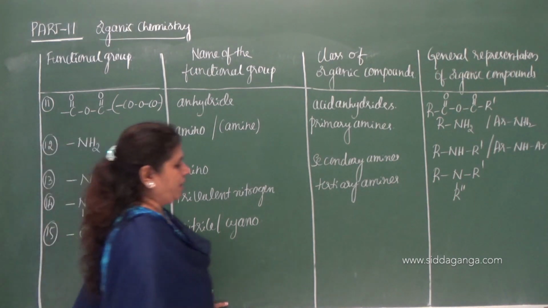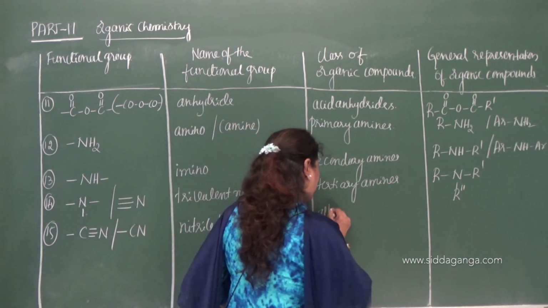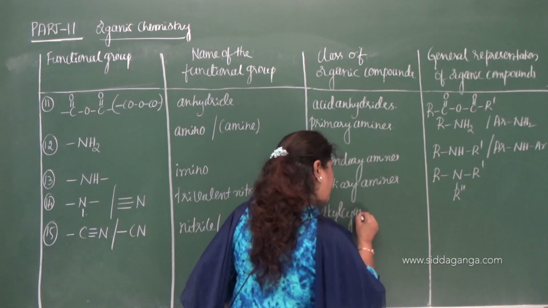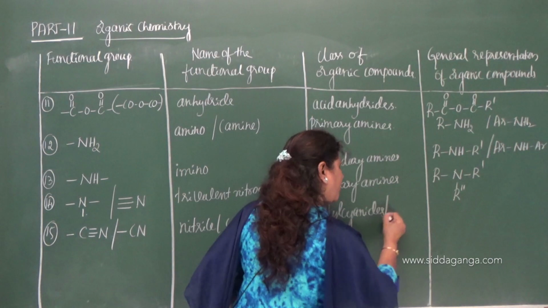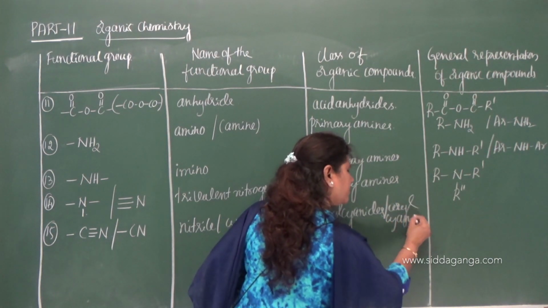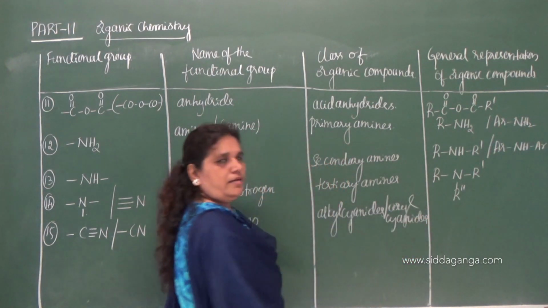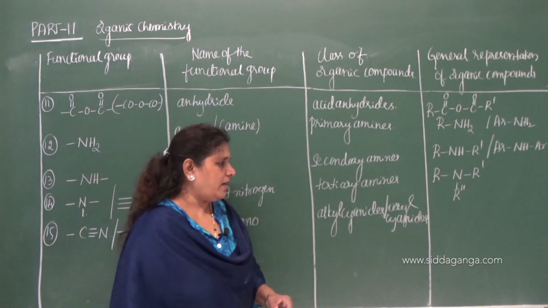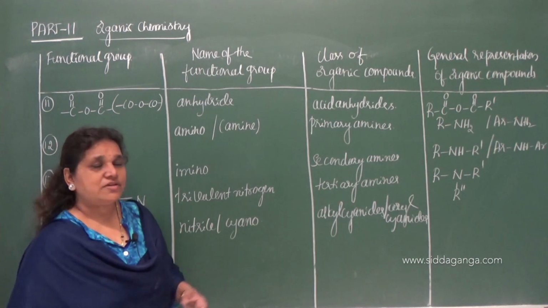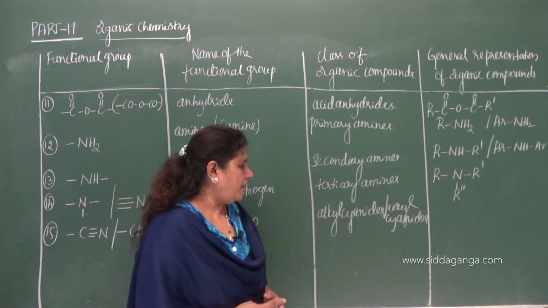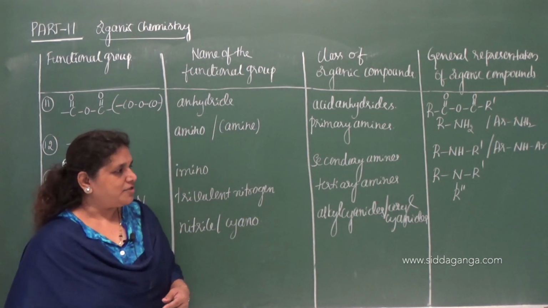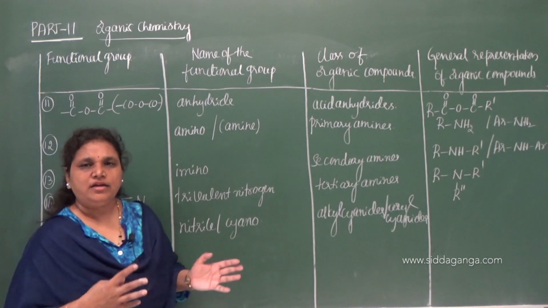You can name it as cyanides, either alkyl cyanides or aryl cyanides. If they are derivatives of alkanes, they are called alkyl cyanides. If they are derivatives of aromatic hydrocarbons, then they are called aryl cyanides.